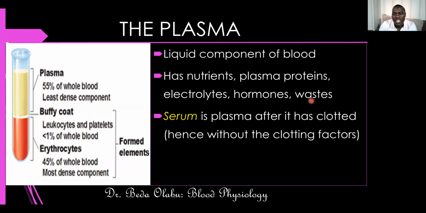We are saying it doesn't have clotting factors because those clotting factors have already been utilized in clotting the blood. And so you're just taking the water part, that liquid part of blood. From a clinical point of view, serum is largely used because it contains antibodies.